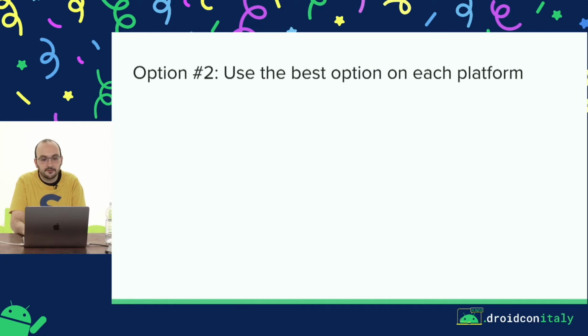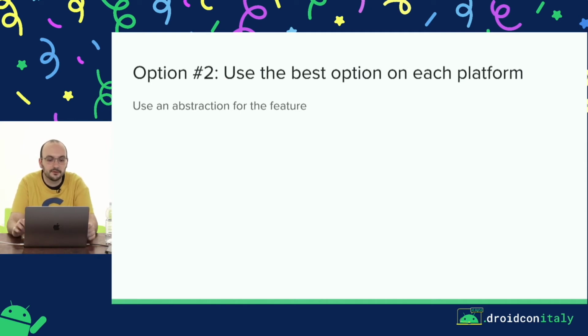We can, of course, use the best option on each platform. What does it mean? It means that we can, for example, use Google Maps on smartphones with GMS and Huawei MapKit on smartphones with HMS. So how can we do this?